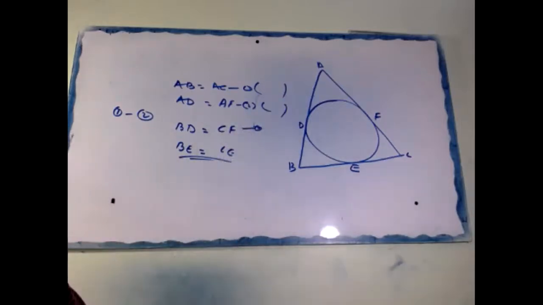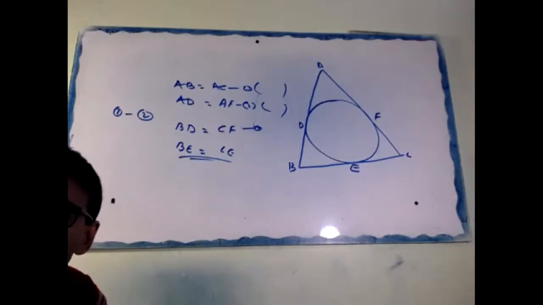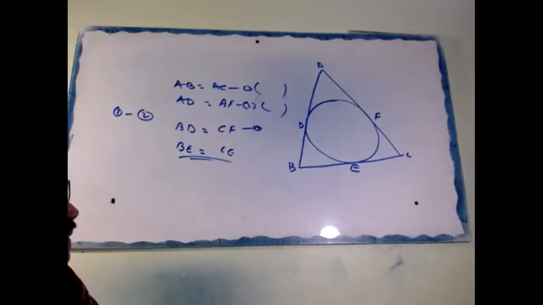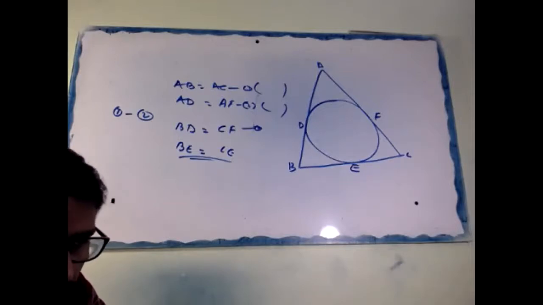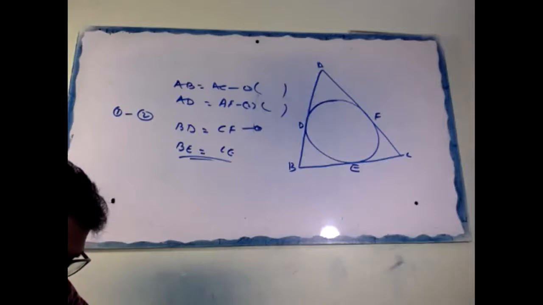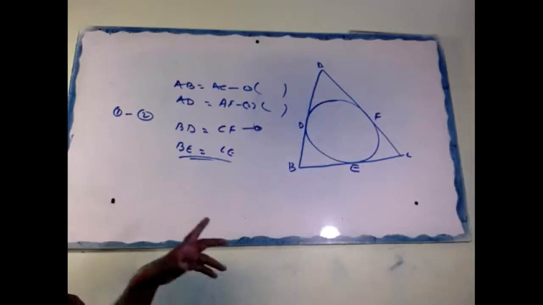But BD equal to BE, and CF equal to CE, in brackets, tangents from an external point are equal. Call that number 4.